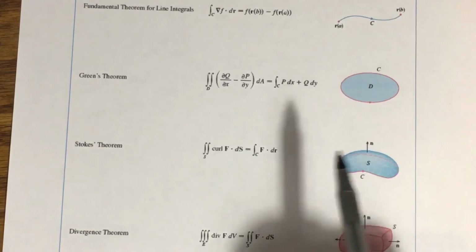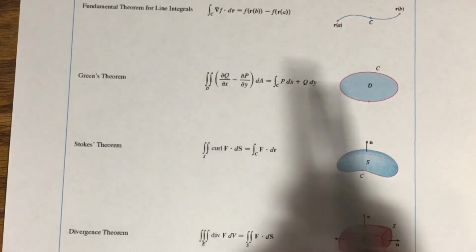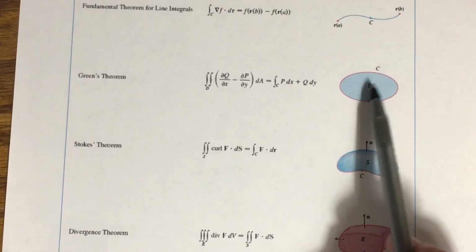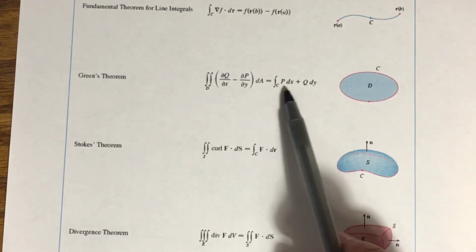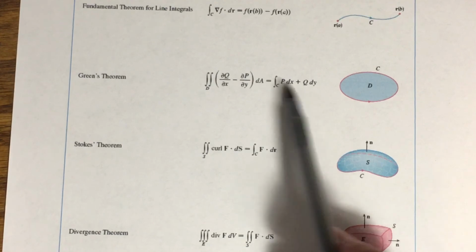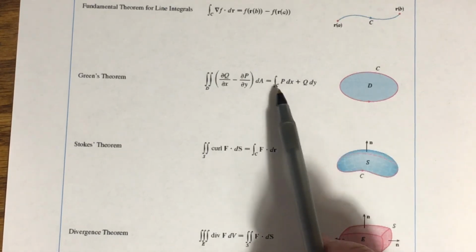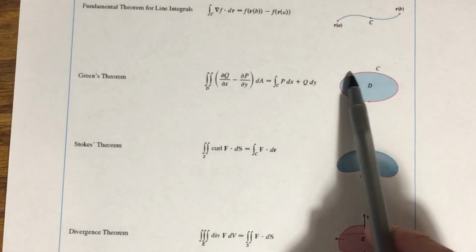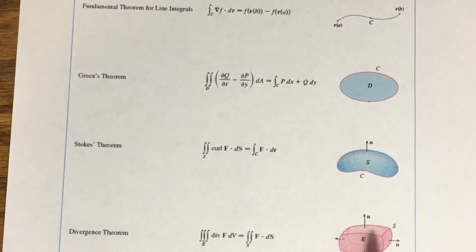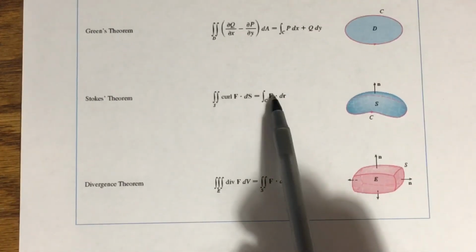Green's theorem is actually doing the same thing. We're integrating over a plane region, D, but we turn that thing into a line integral of functions that, in a sense, are antiderivatives of this, along the boundary of that region D. The boundary in this case, though, doesn't look like a couple of points. It looks like a closed curve. What about Stokes' theorem? Same thing.